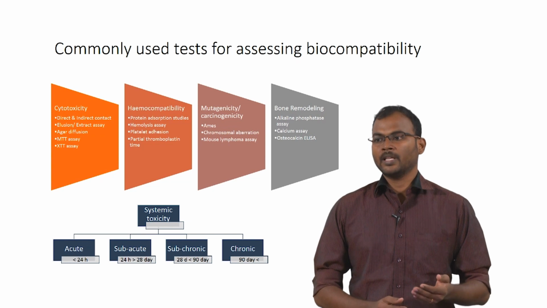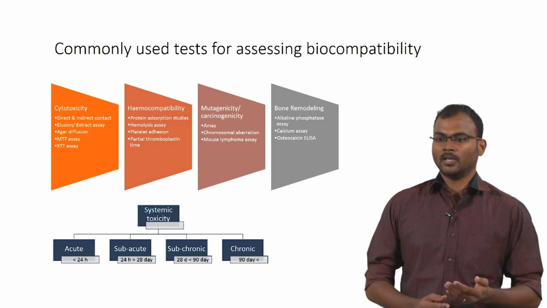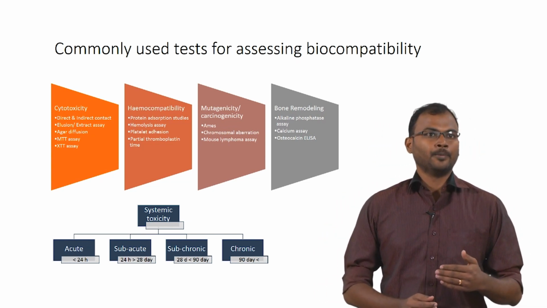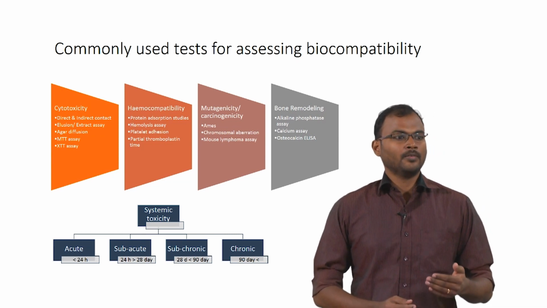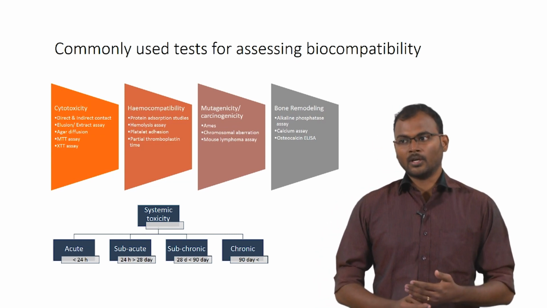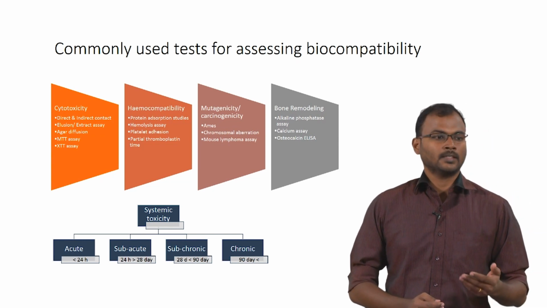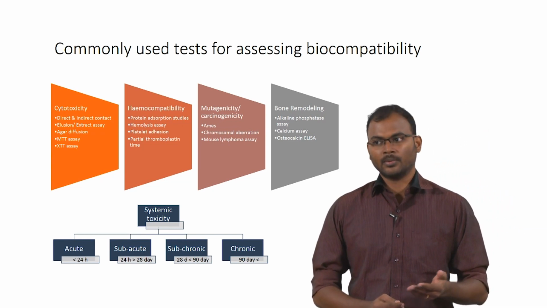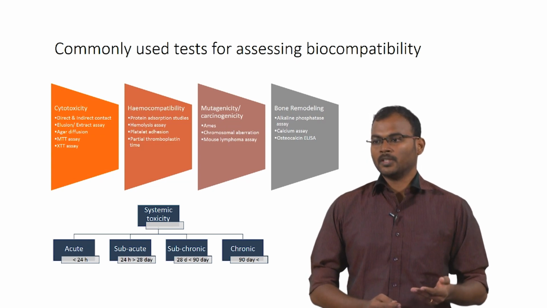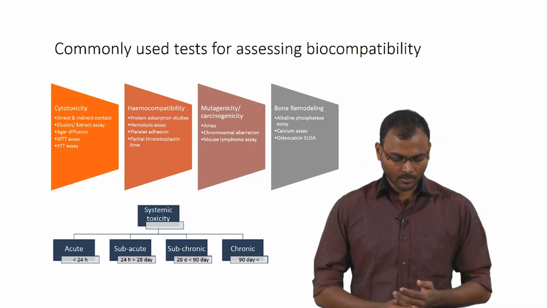In chromosomal aberration, we check how the chromosomes look after mitotic division, with the compound and without the compound. If there is a chromosomal aberration, there would be insertion, deletion, or translocation observed on the chromosomal structure. That can be observed in chromosomal aberration.